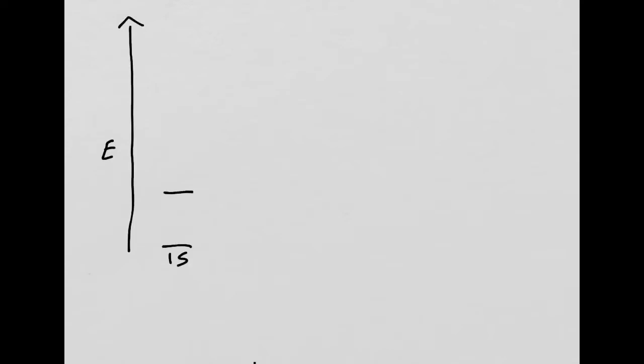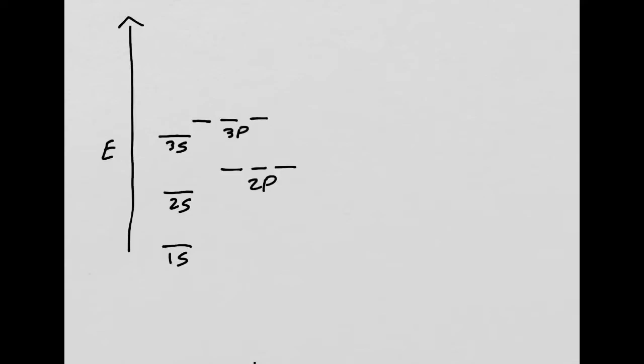Then we go to the second energy level, we have a 2s orbital, and on the second energy level we also have a 2p orbital, right? Then we go to the next energy level, and we have a 3s orbital, okay? And then we also have a 3p orbital.